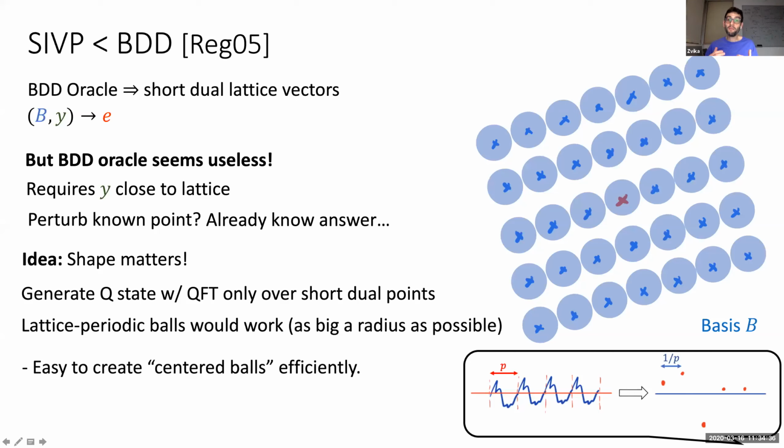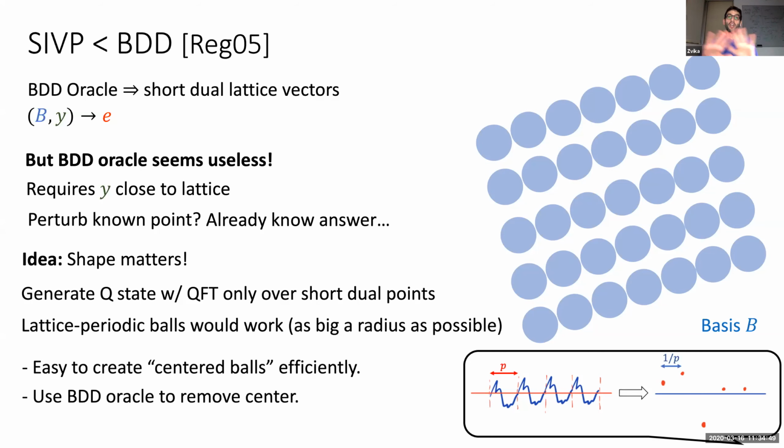And in the quantum regime, if you can compute something, then you can also erase it. So being able to compute the center of the ball allows you to remove the centers from all these balls and arrive from this centered superposition at a superposition of balls without origin, which is required in order to get this sampler for short lattice points.